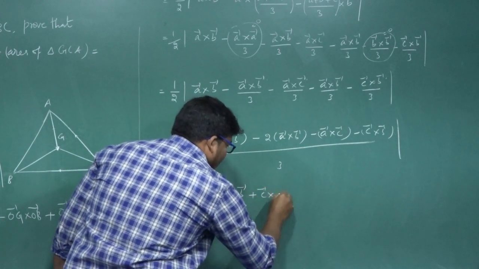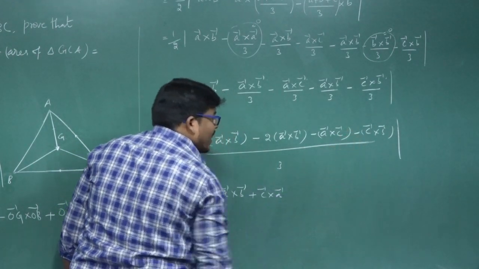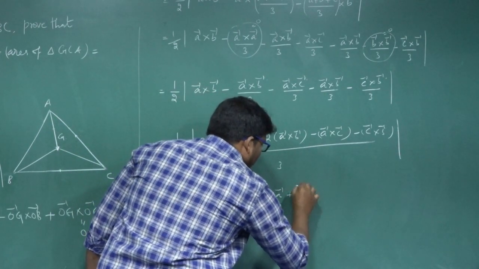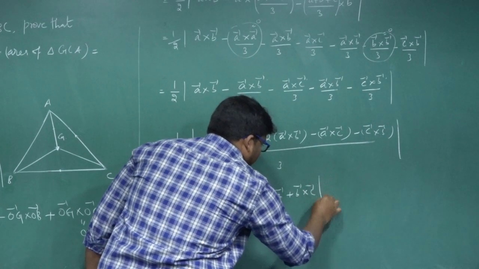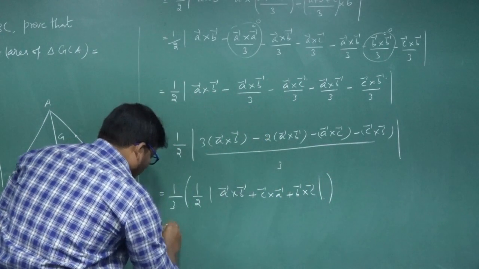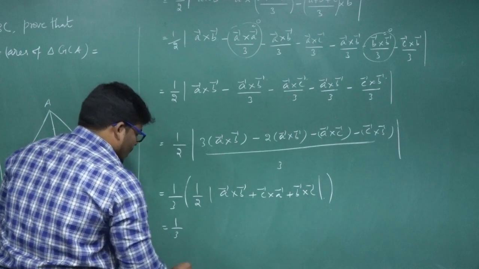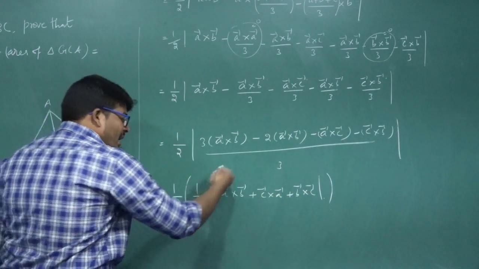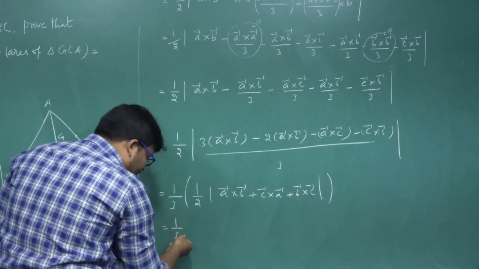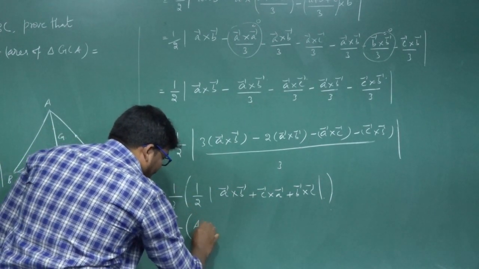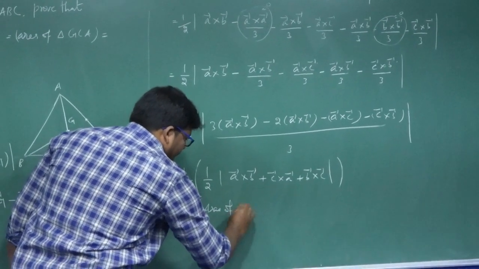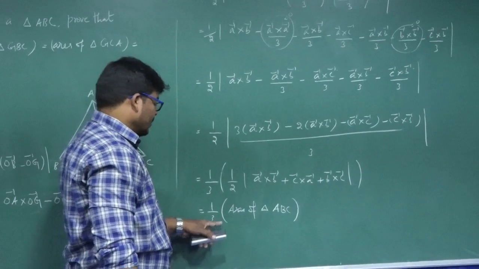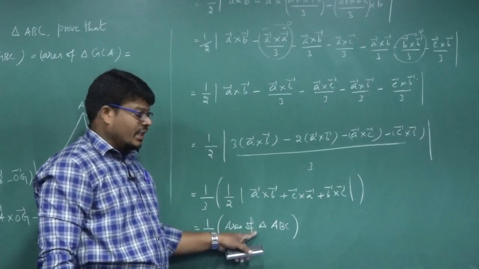Next one, minus C vector cross B vector is now interchanging: plus B vector cross C vector. That is equal to 1 by 3 times 1 by 2 of A cross B, B cross C, C cross A, which is the area of triangle ABC. That is 1 by 3 times the area of triangle ABC.